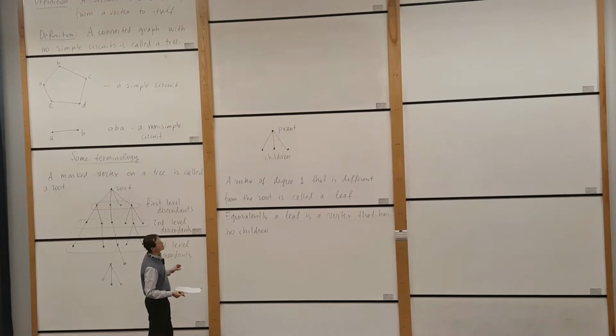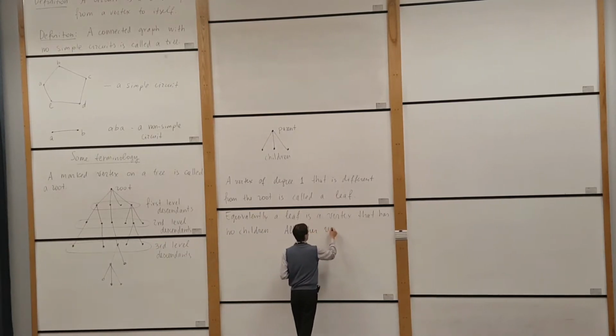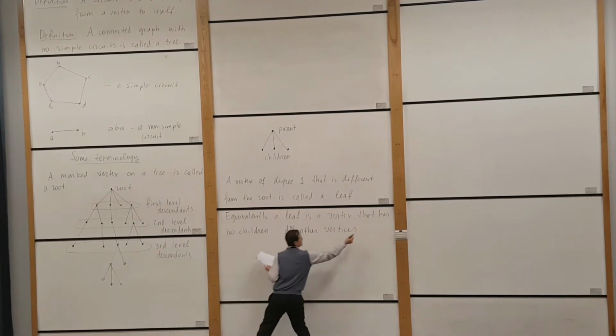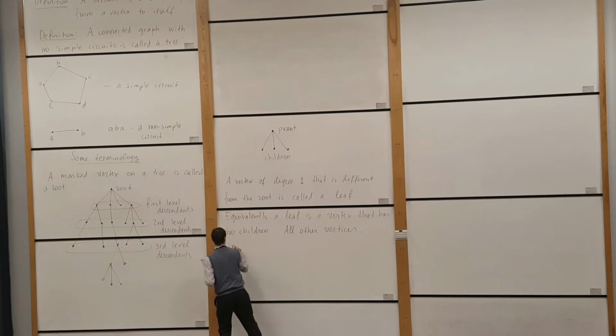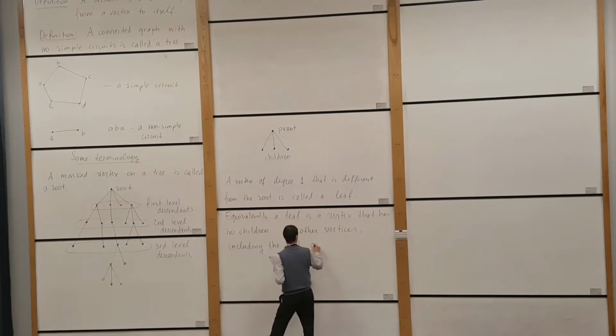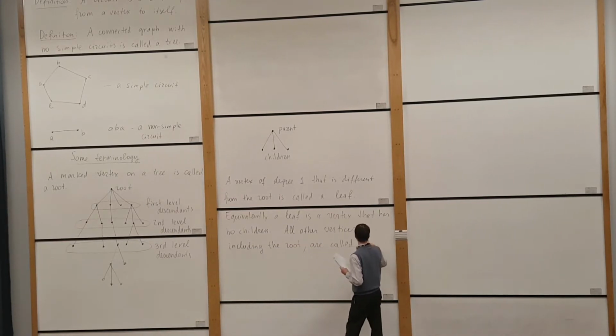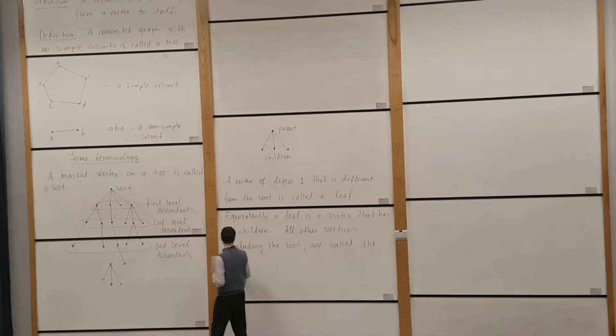All other vertices, including the root, are called internal vertices.